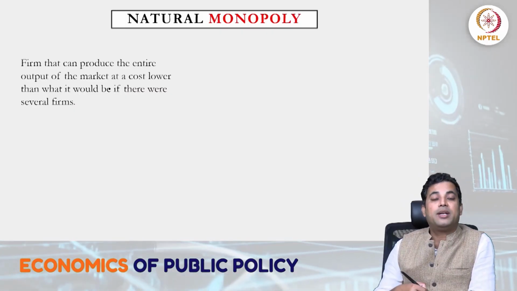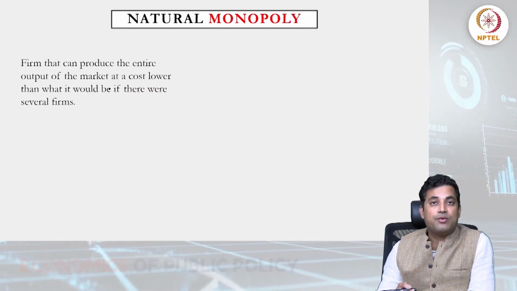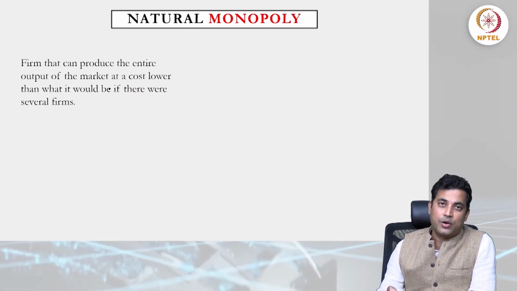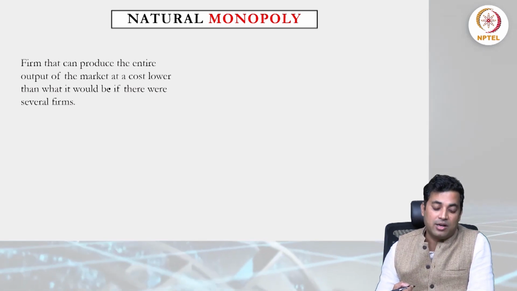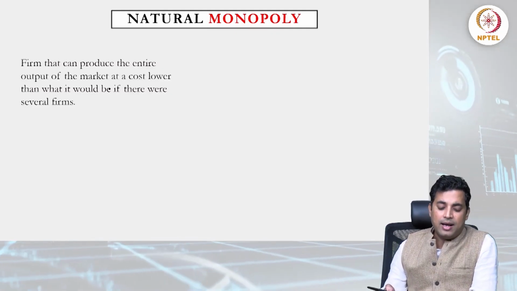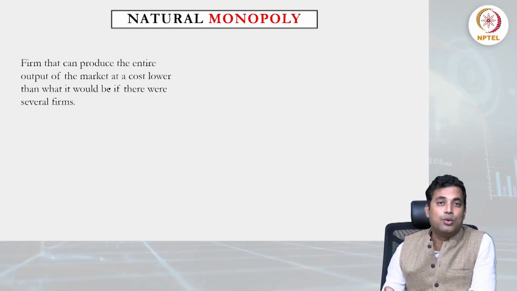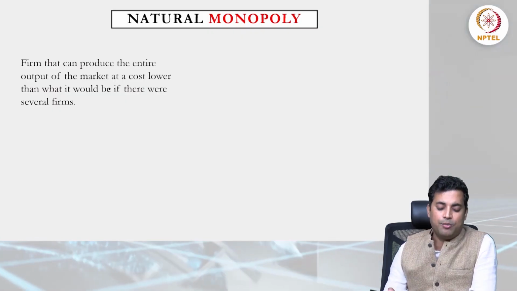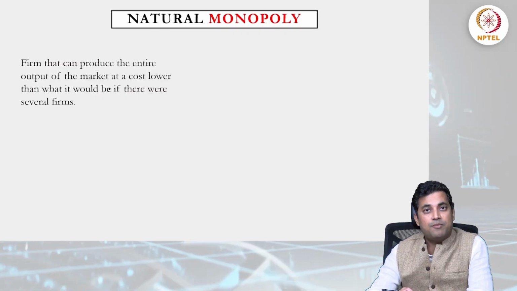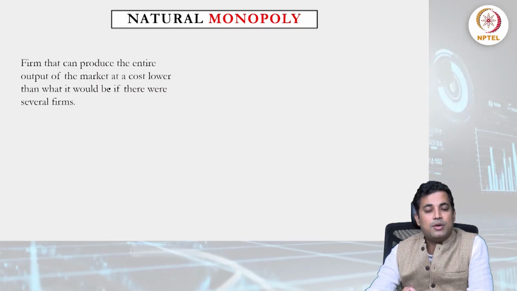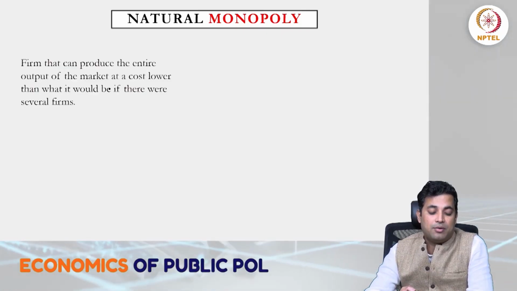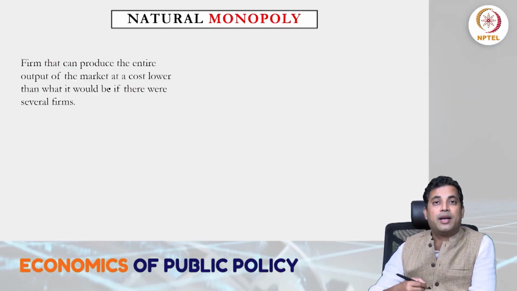A natural monopoly is the situation where a single firm or a single organization, and that could also be the government, can produce the entire output of the market at a cost lower than what it would be if there were several firms. So in place of several firms, a single firm or an organization like the government on behalf of the firm can produce the entire output.